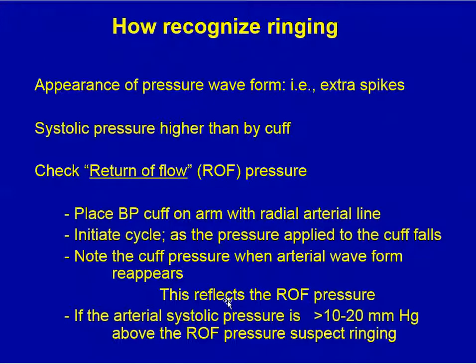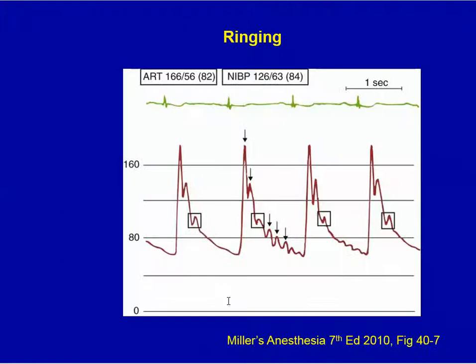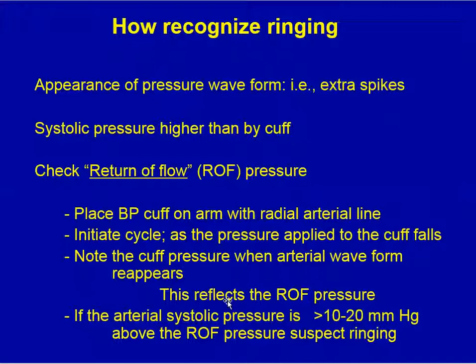So how do you recognize ringing? Mainly by the appearance of the waveform, as we've mentioned before. Another clue is when the arterial transducer systolic pressure is substantially higher than what the cuff is reading. This can be checked by measuring what is called the return of flow pressure. You place a blood pressure cuff on the arm with the radial artery line, and you initiate cycling.